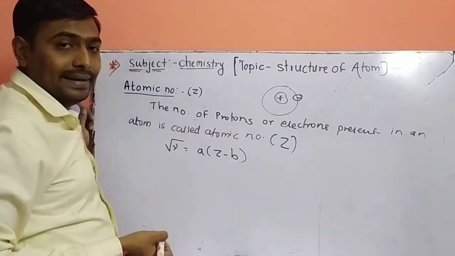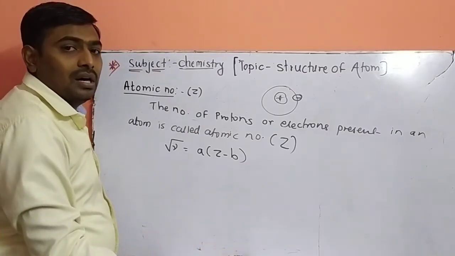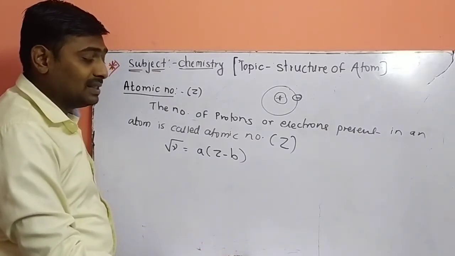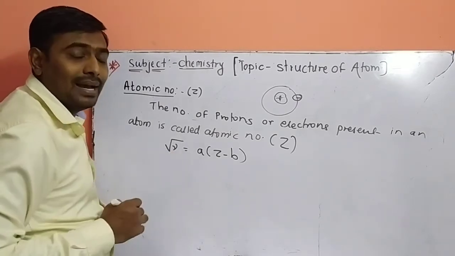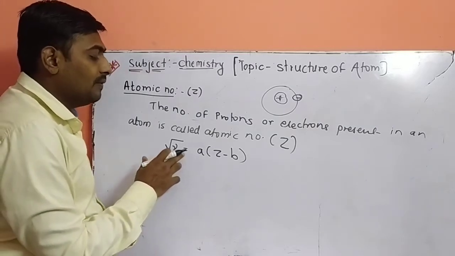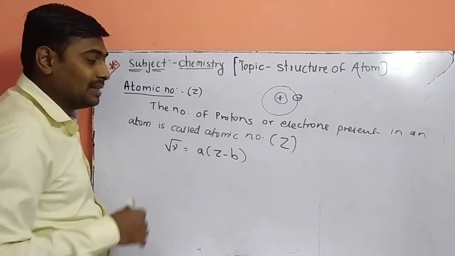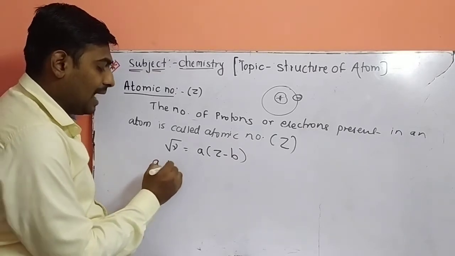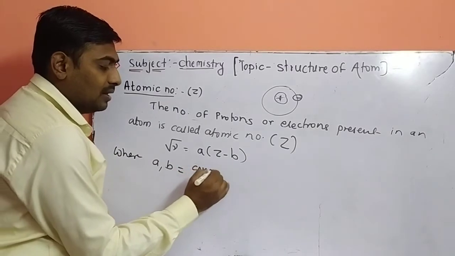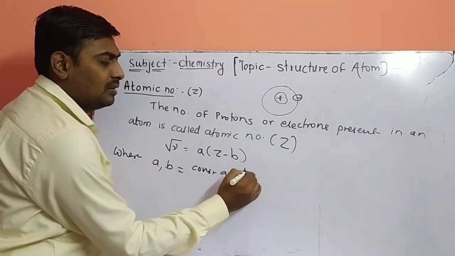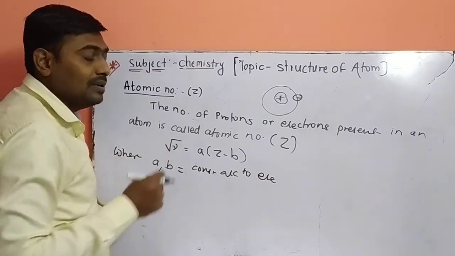The scientist who gave the relation between frequency and atomic number: frequency, denoted by the symbol nu, is equal to a times (Z minus b). Here a and b are constants according to the elements in the periodic table, and nu is the frequency.